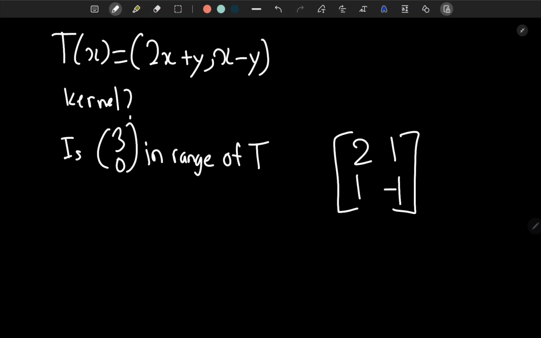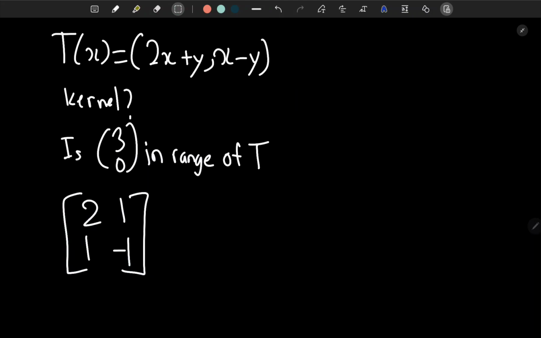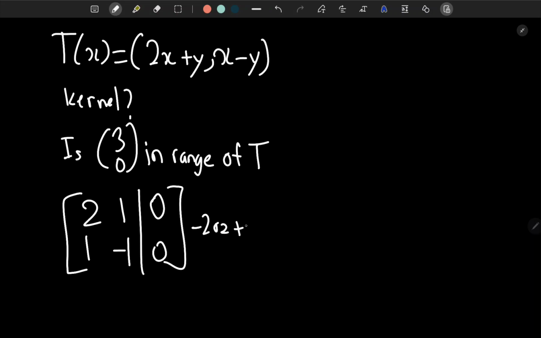So in this question, I'm going to show you two methods, the same method as before being the first method. So let's equate this to 0, 0 and 0, and let's do minus 2R2 plus R1, and this is going to give us 0, and then minus 2R2 is going to be 2 plus 1, which is 3, and the bottom stays the same.